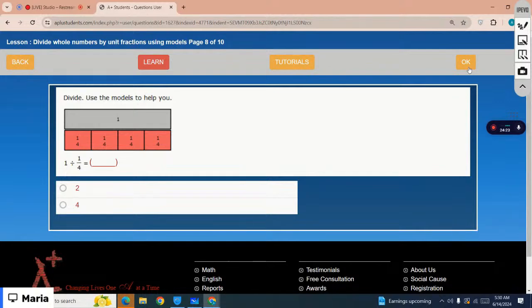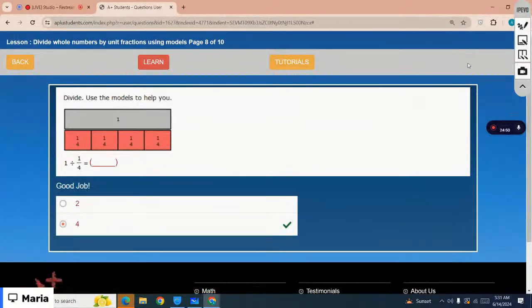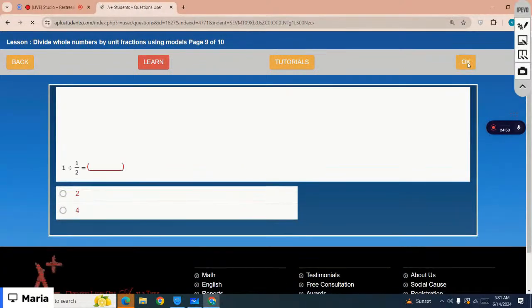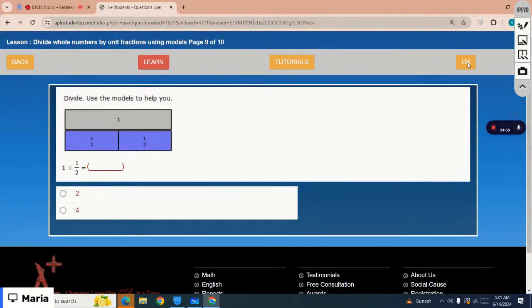1 divided by 1 by 4, which is the correct option? The correct option is 4. 1 divided by 1 by 2, which is the correct option?